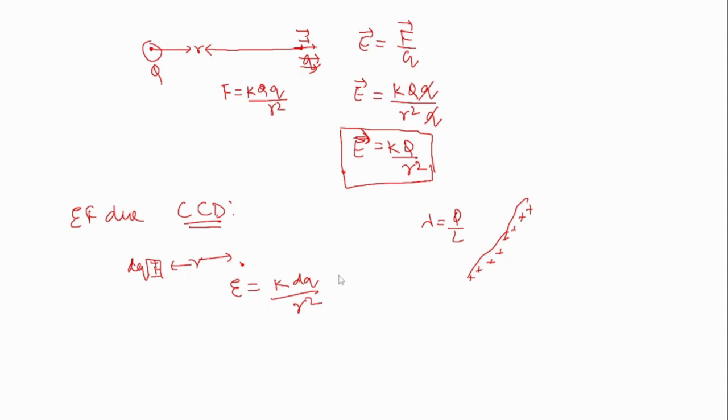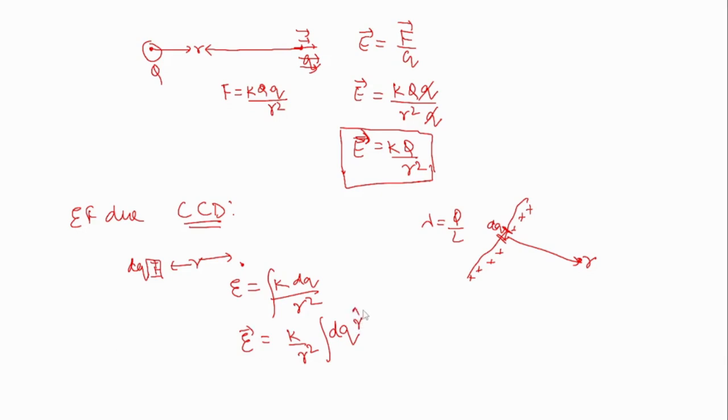For the whole system, if we consider a very small elemental charge dq, the electric field intensity due to the whole system at a distance r will be the integration of this. That means E is equal to the integral of K over r square dq, and if we consider direction, then multiplied by unit vector r.